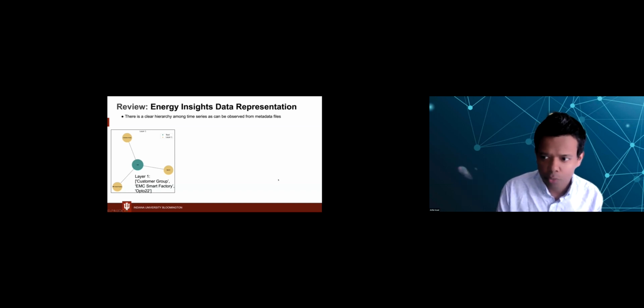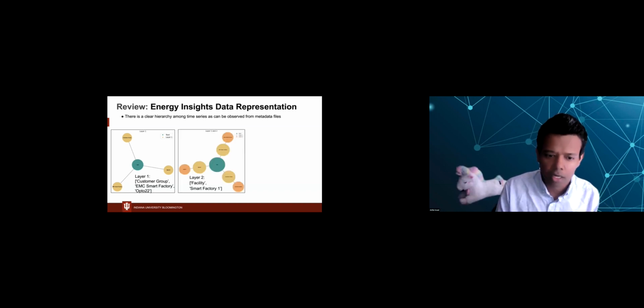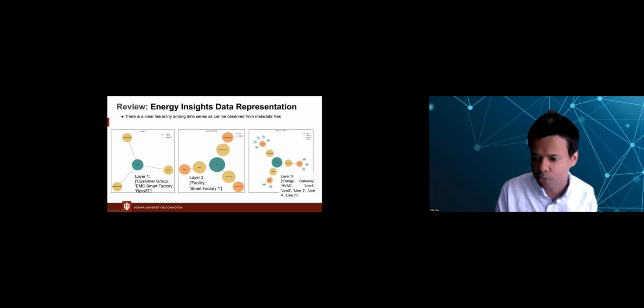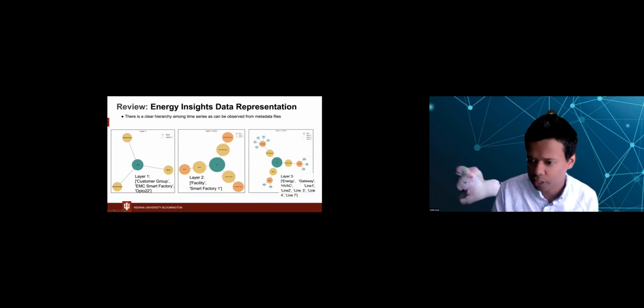So in that data, we see 5 levels of hierarchy. For example, in the root level, we have customer group, OP22, and EMC smart factory. So this is in layer 1. If we go one level deeper, we have the different other devices underneath. If we go even one level deeper, then in layer 3, we have HVAC, energy, and other units.